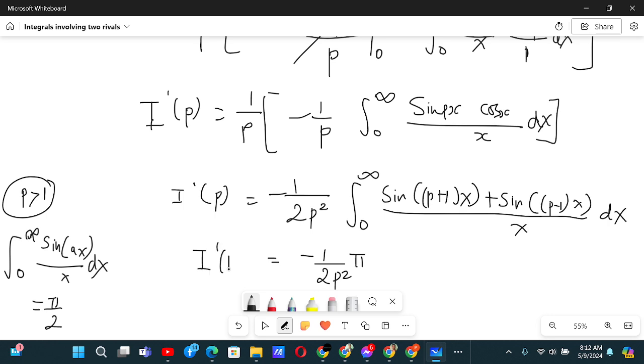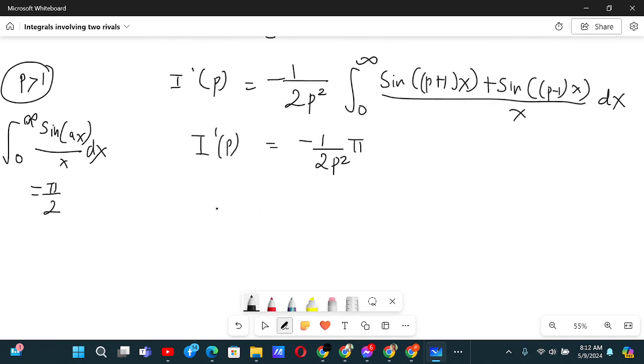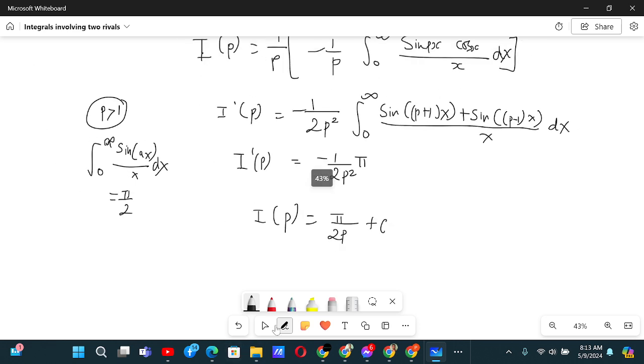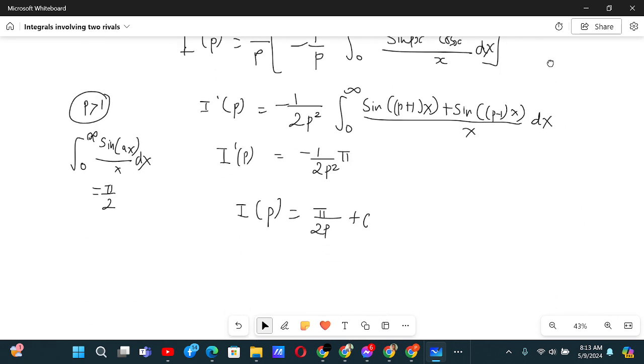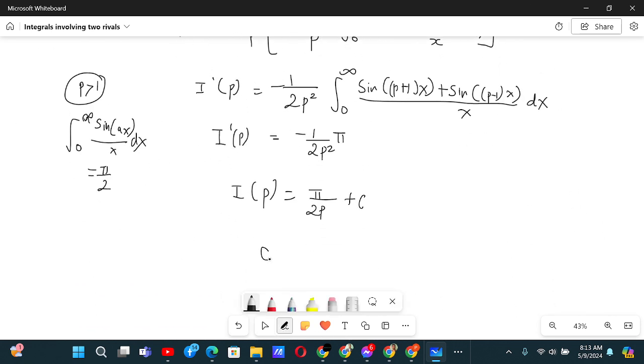We just need to integrate this function to get I of p, and so I of p will be pi by 2p plus c. To find c, notice that if p goes to infinity, Ci of infinity is 0, so the integral will be 0. So 0 equals, when p goes to infinity, this also being 0, plus c.